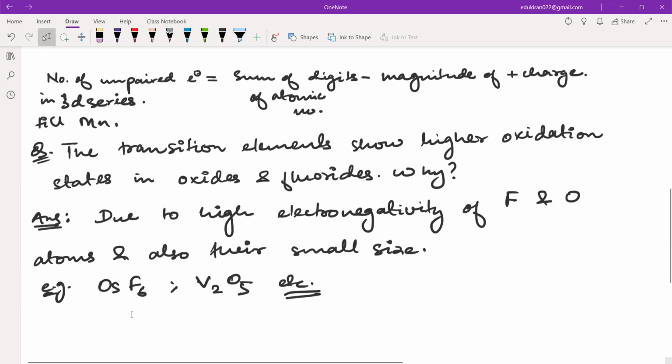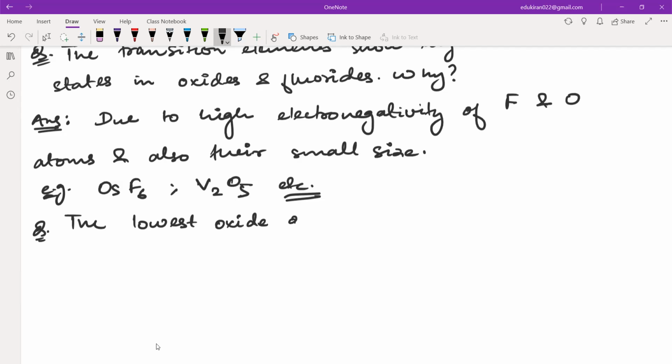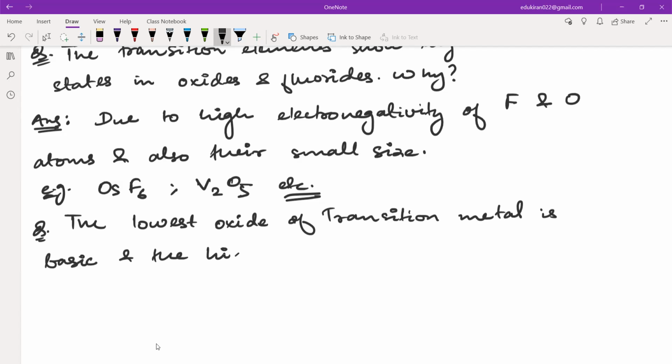Okay, now the next question is: the lowest oxide of a transition metal is basic, and the highest is acidic.